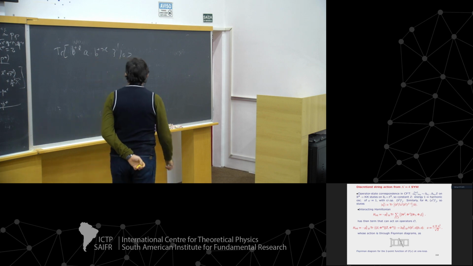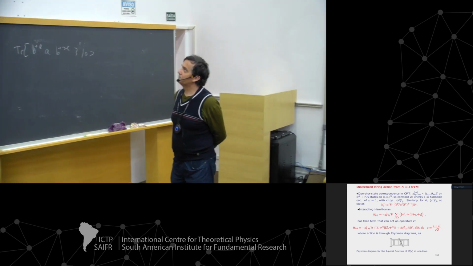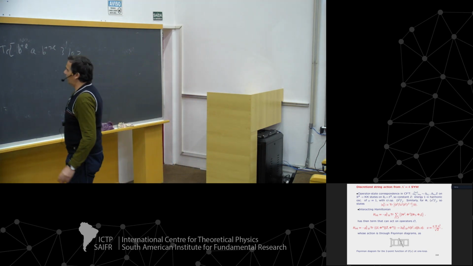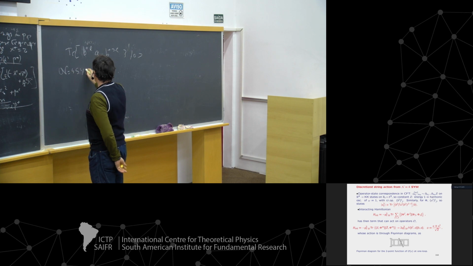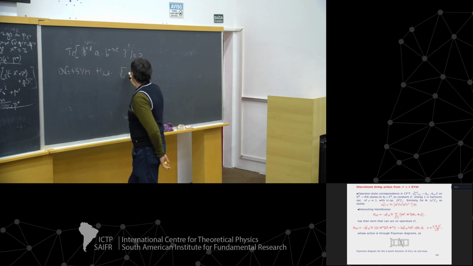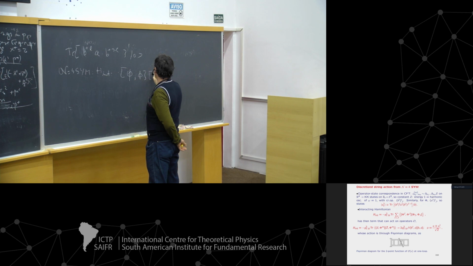So how do I define a Hamiltonian action on these states? Well, N=4 super Yang-Mills has an interacting Hamiltonian which corresponds to a commutator squared.